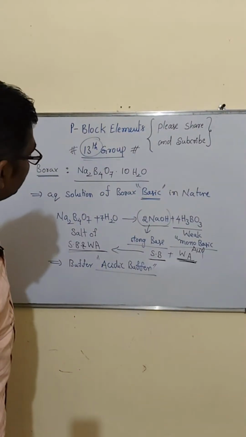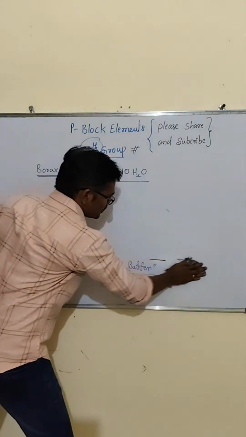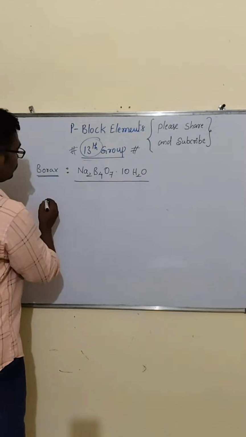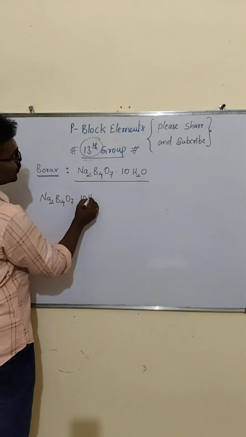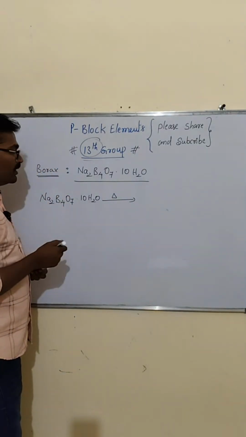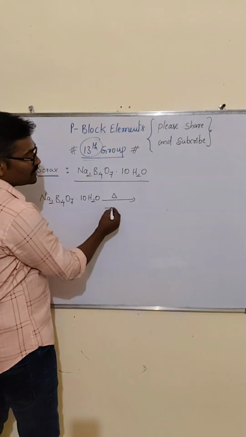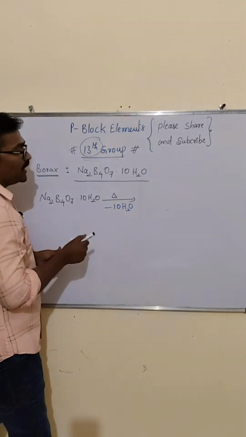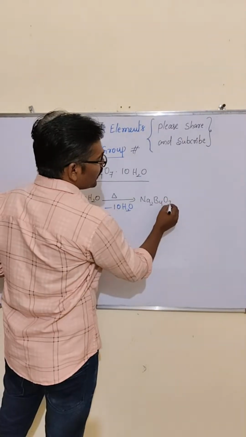Then the heating effect of borax we have to discuss. Na2B4O7·10H2O, when it is heated, by the loss of 10 H2O molecules completely, we get Na2B4O7, unhydrated borax.